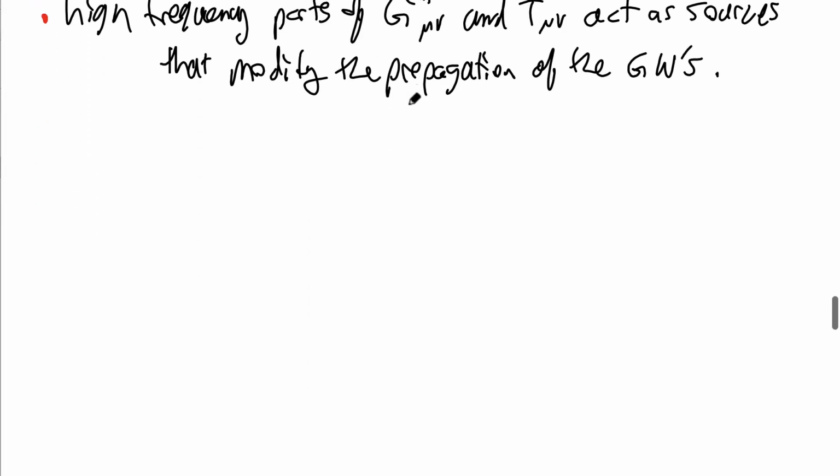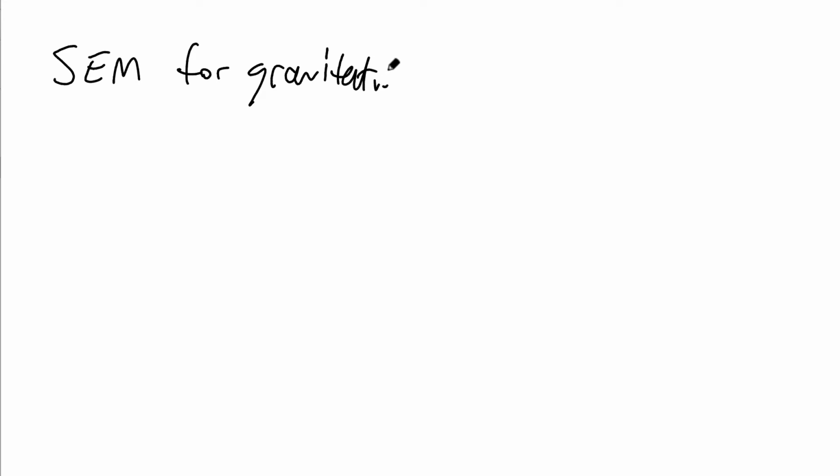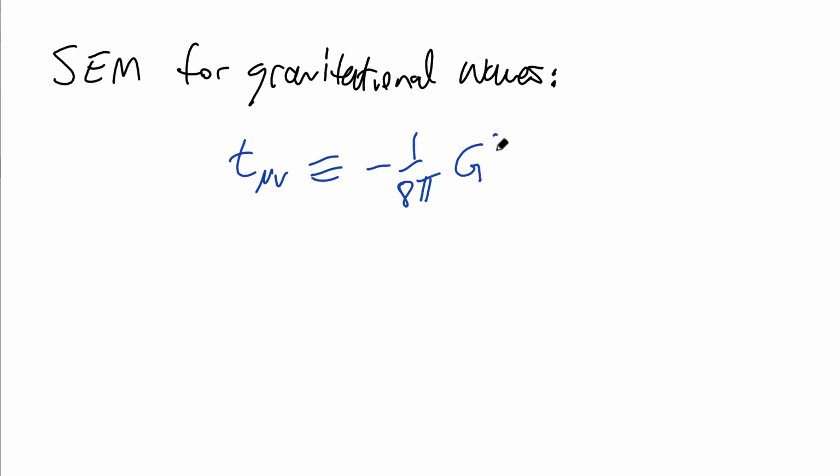So the stress energy momentum tensor for the gravitational waves we'll denote by little t mu nu. That's minus 1 over 8 pi times the quadratic terms in the Einstein tensor, the low frequency part.